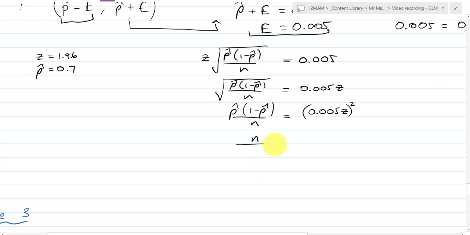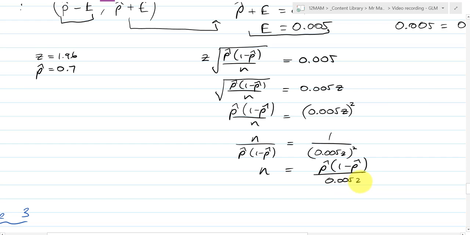So I get n over p hat 1 minus p hat is equal to 1 over 0.005 over Z squared. And then I'm going to multiply by p hat times 1 minus p hat. And there are a couple of ways you could have done this, same result. But I get n is equal to p hat 1 minus p hat all over 0.005 over Z, all squared.